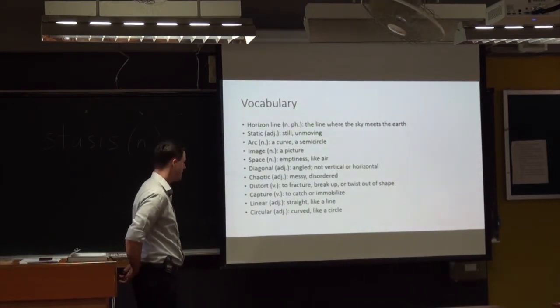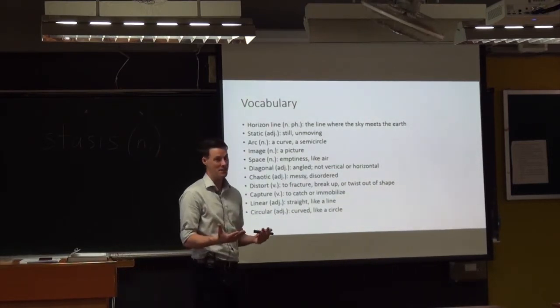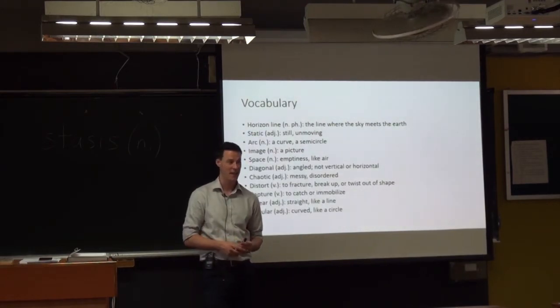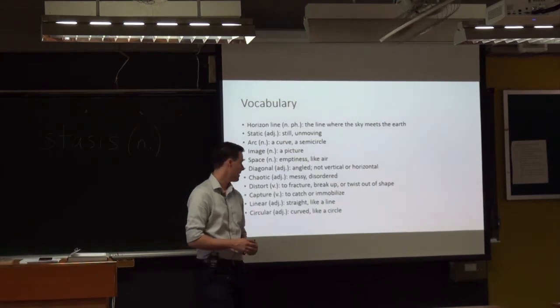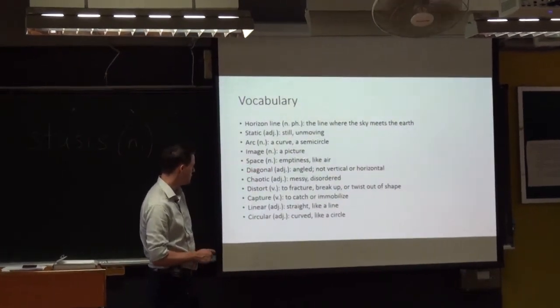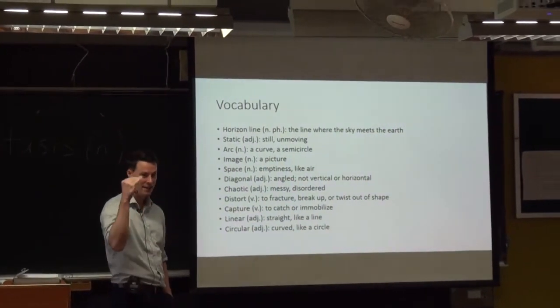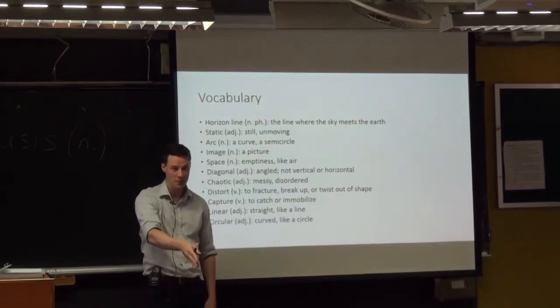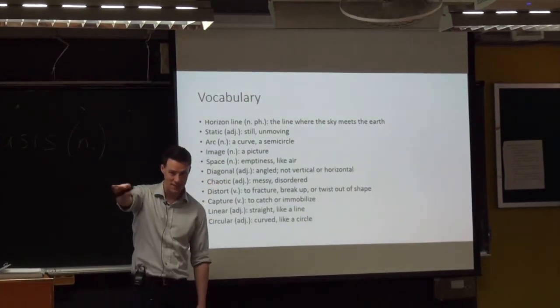Space is basically emptiness. Okay, like air, emptiness. Okay, nothing is there. Diagonal usually refers to a line that's not vertical and it's not horizontal.